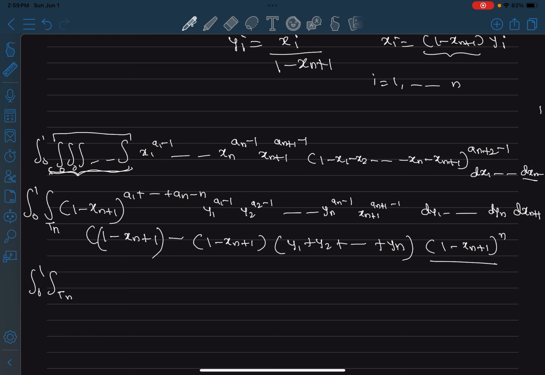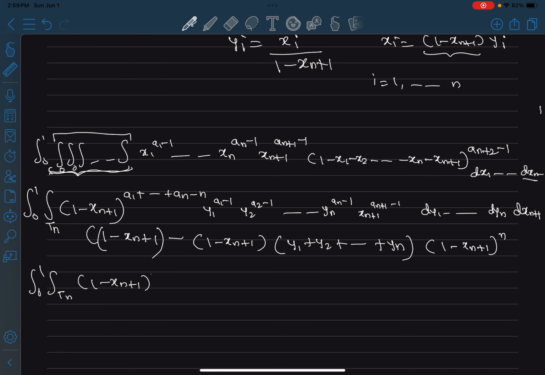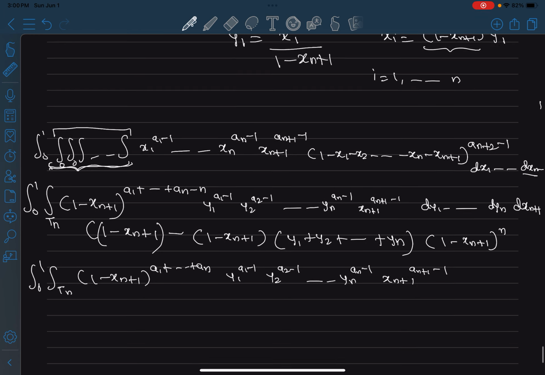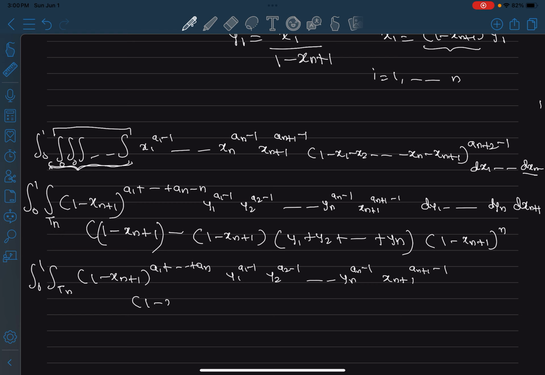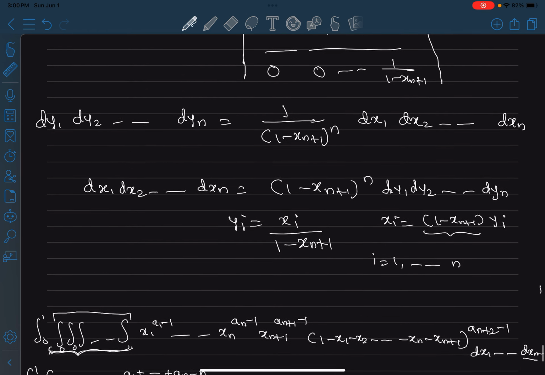If I add this term with the first term, I will have 1 minus xn plus 1 to the power a1 up to an, and then y1 to the power a1 minus 1, y2 to the power a2 minus 1, yn to the power an minus 1, xn plus 1 to the power an plus 1 minus 1. Over here, I can take 1 minus xn plus 1 common. Also, guys, I just realized this had some power as well.